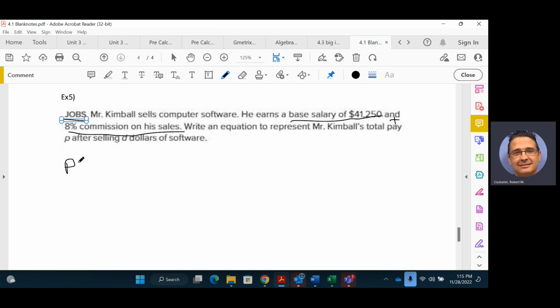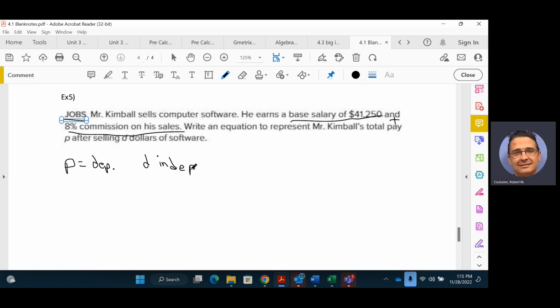So P is our dependent variable. D is the independent variable. Because we never know how much he's going to sell. He could sell some today, he could sell some later on. Whatever he sells, they're taking 8% of it and adding it to his base salary.